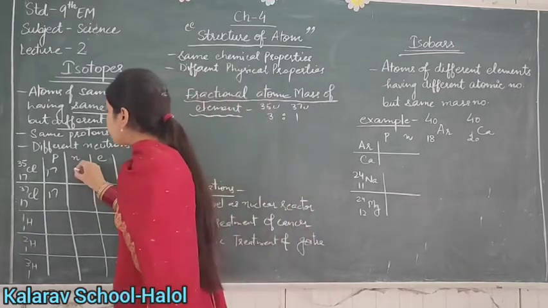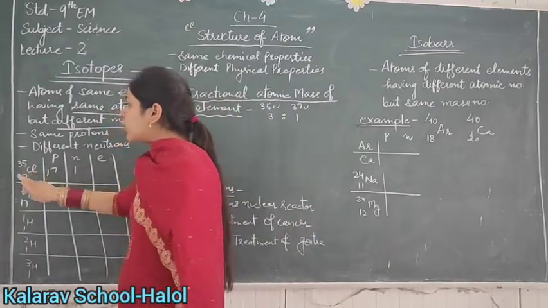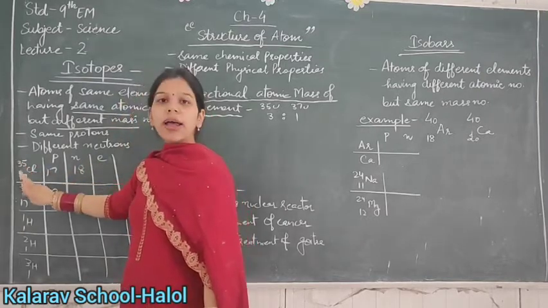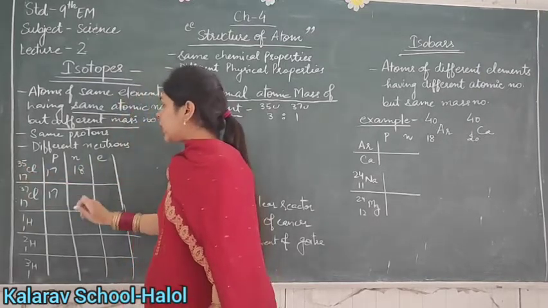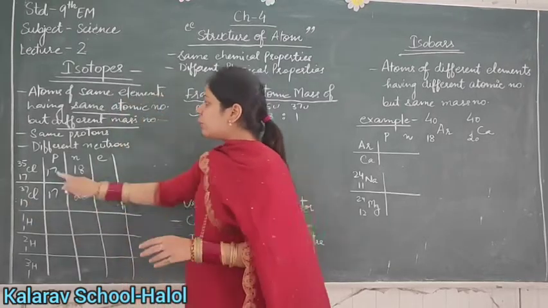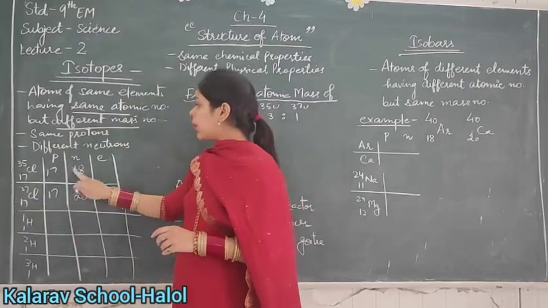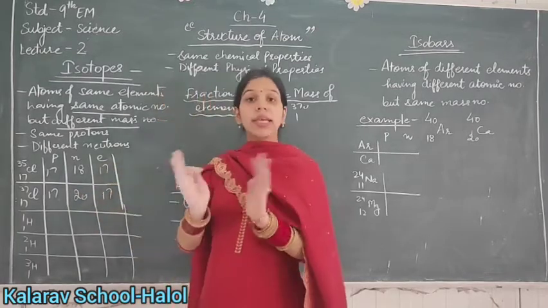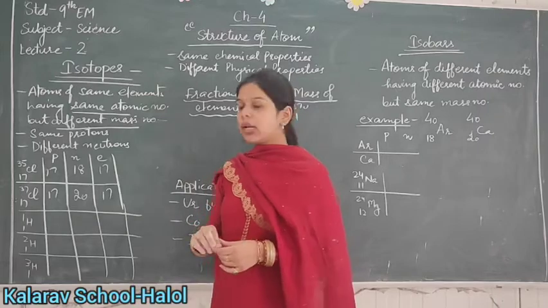But the neutrons for the first chlorine are 35 minus 17, that is 18. For the other it is 20. So here you can see protons are the same in number but neutrons are different. Electrons and protons are the same in number, that's why they are 17.